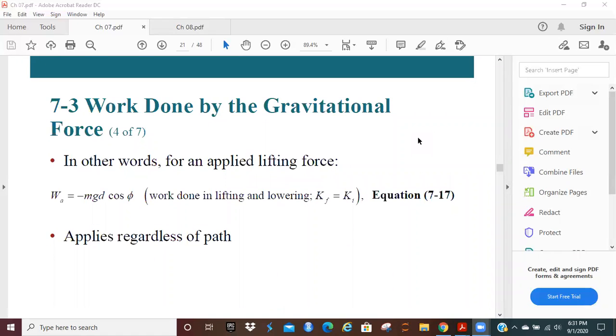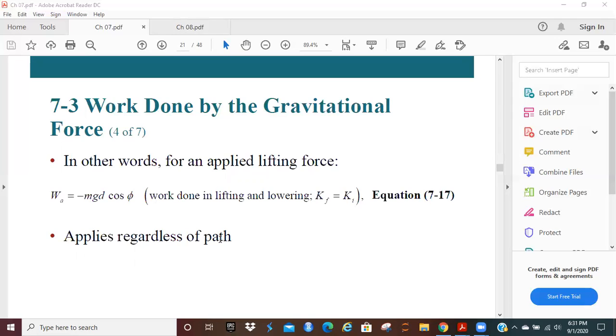So when we apply a lifting force, the work of that lifting force is going to be considered to be minus mgd cosine of theta. So work done in lifting and lowering, K final is equal to K initial.